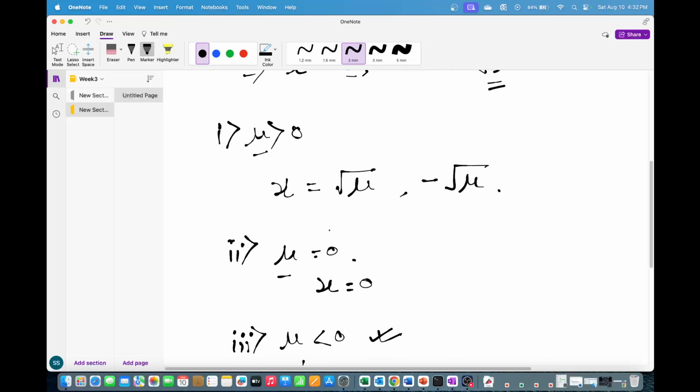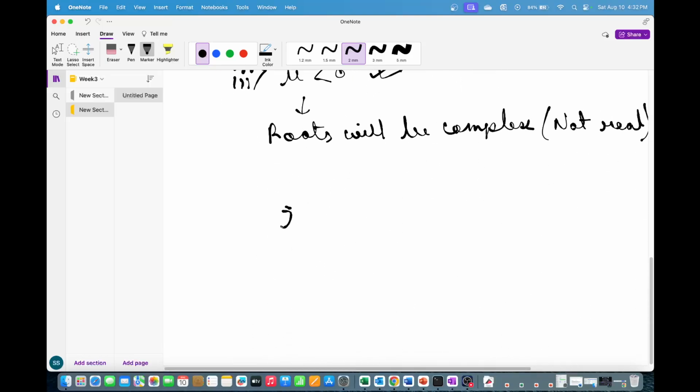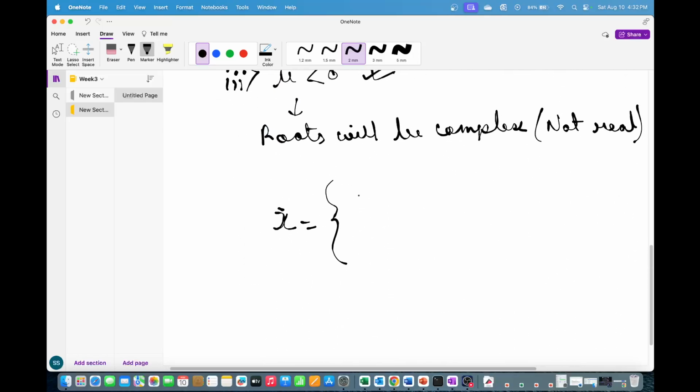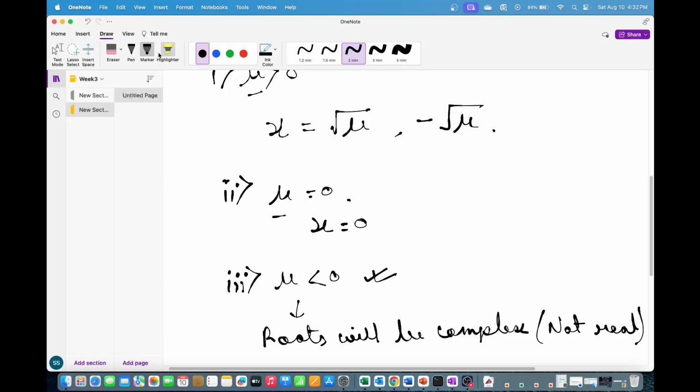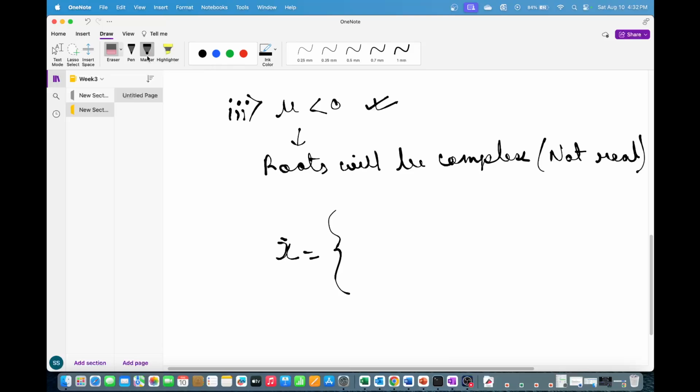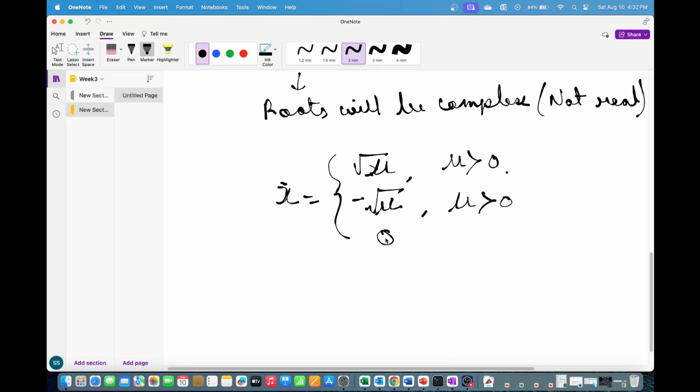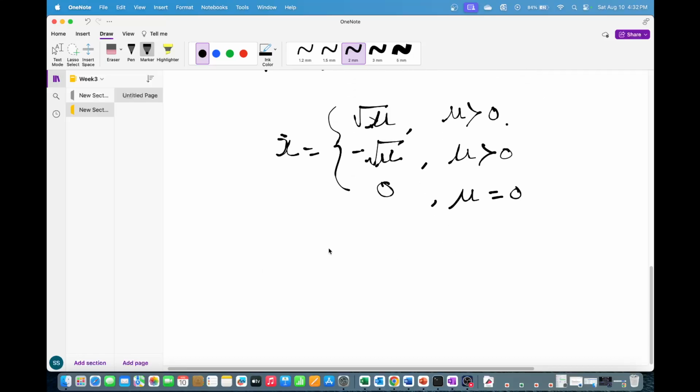How is the relationship between x and mu looking? x equal to root mu when mu is greater than 0, also minus root mu when mu is greater than 0 as well, and the third is x equal to 0 when mu equal to 0.